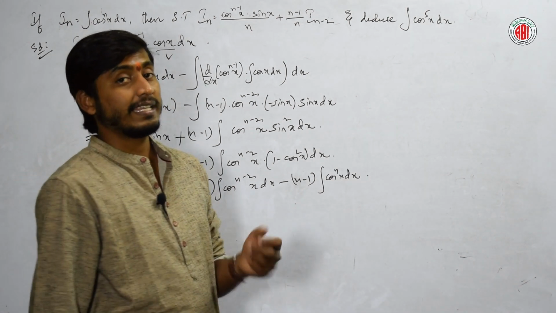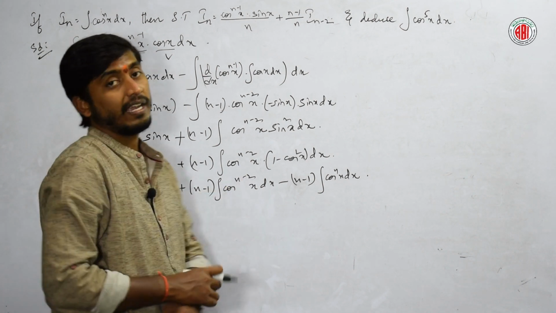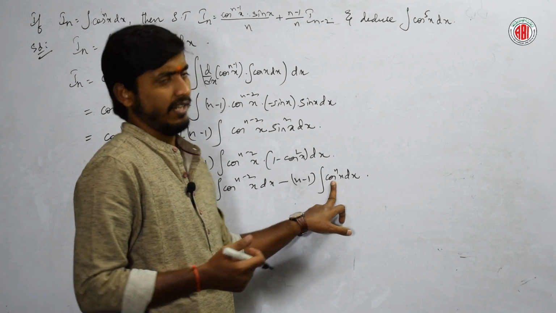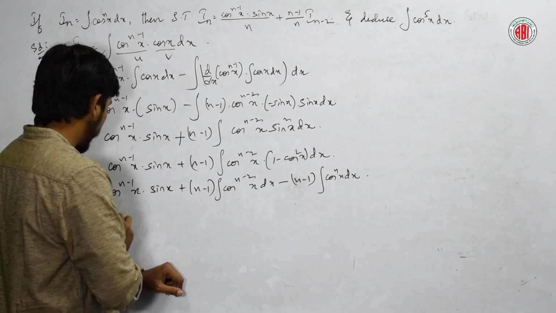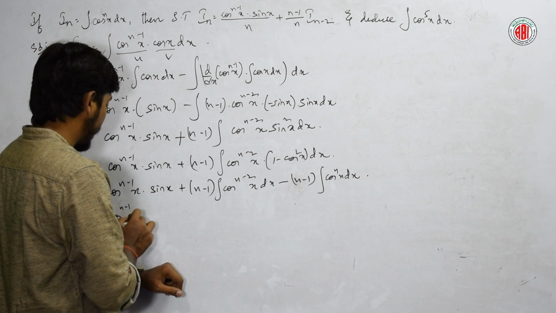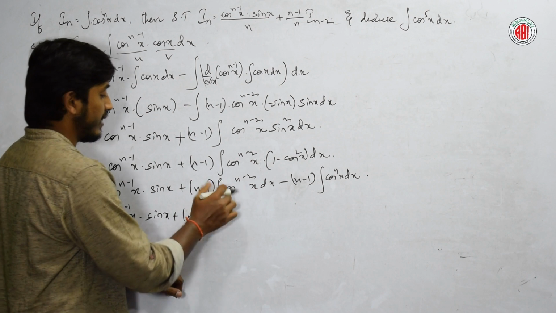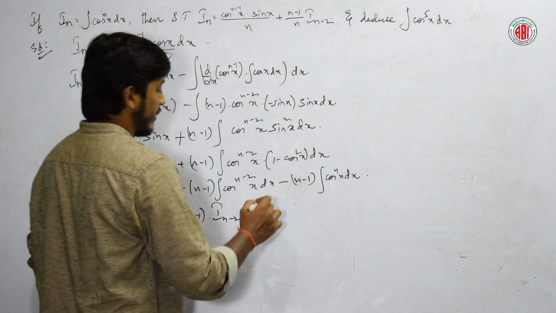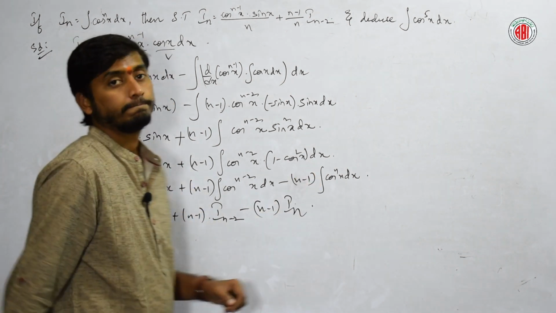Clear? What is the next step now? Here, instead of n we have n minus 2, so we can write it as I(n-2), and here it is directly I(n). So, we will write I(n) is equal to cos^(n-1)x into sin x plus (n-1) into I(n-2) minus (n-1) into I(n).